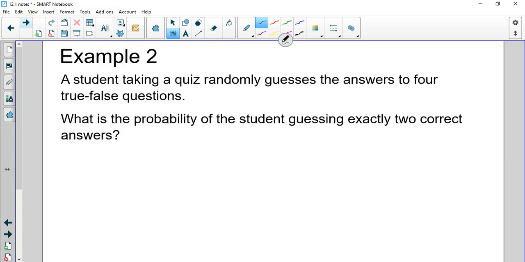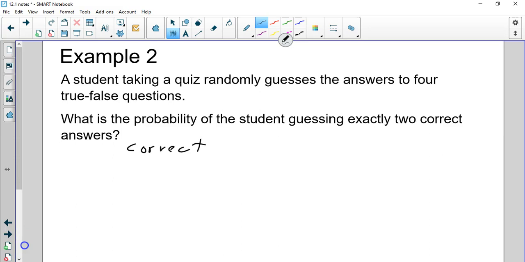All right, a student taking a quiz randomly guesses the answers to 4 true-false questions. What's the probability they'll guess exactly 2 correct? So again, this is not difficult. This is just time-consuming and tedious. So let's make a table of correct.